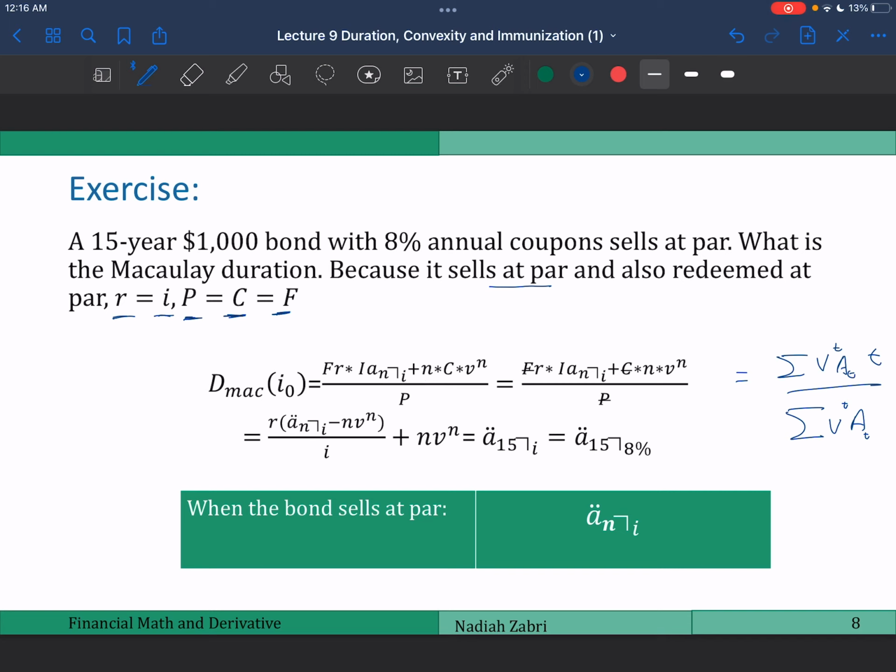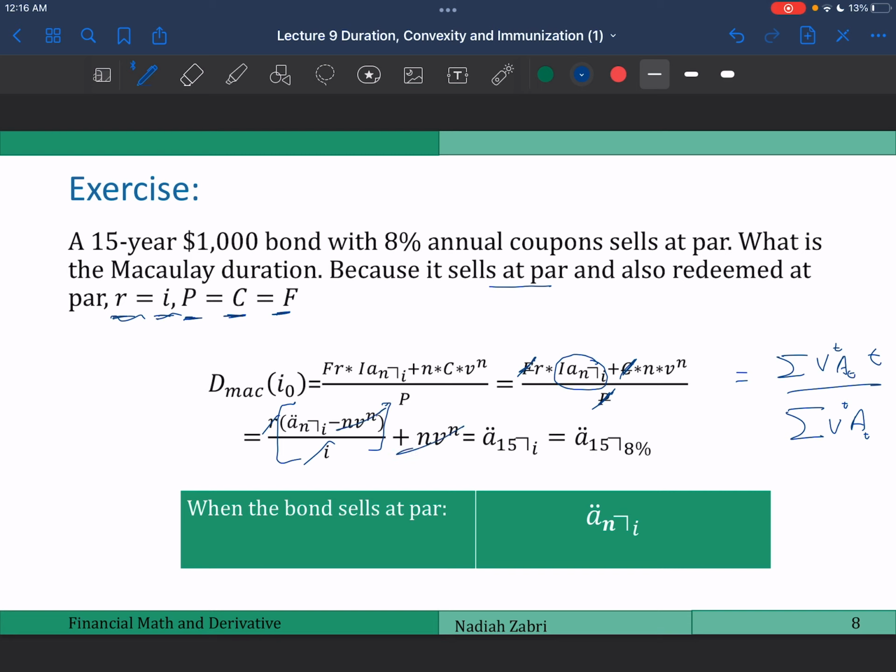For this special case, it will be a lot simpler because we can simplify this formula by a lot. Now, firstly, we know that F is equal to C is equal to P, so we can remove those from the equation, and then we're left with this. We can convert this part into this equation, and then once we wrote this equation, we know that R is equal to I, so we can cut that one down, and once we cut that one down, we can also remove this part.